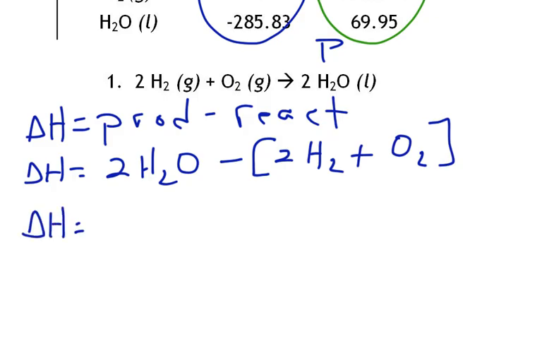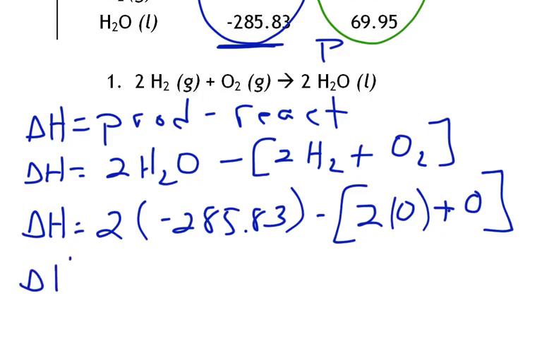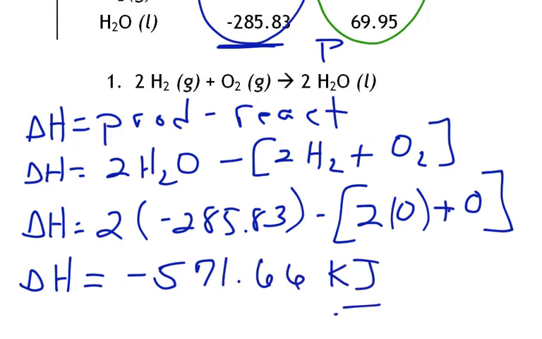Filling in the numbers, we have 2 times the delta H value for water, which is minus 285.83, minus 2 times 0, which is the delta H for hydrogen, plus 1 times 0, which is the delta H formation for oxygen. You run that through the calculator, and we get a value of negative 571.66 kilojoules. It's important to make note of the units.